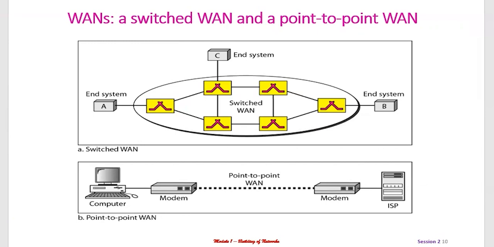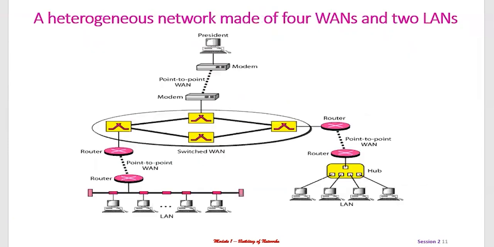Next, we have the kind of hierarchy, or the heterogeneous network, that we try to have in real time. A heterogeneous network is formulating a network with different technologies. This illustration shows a network formulated with WANs and LANs, which are two different technologies. This LAN uses a bus topology, whereas this one uses a star topology.